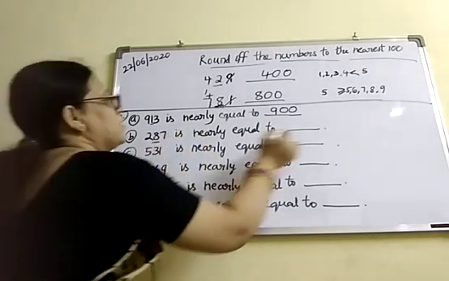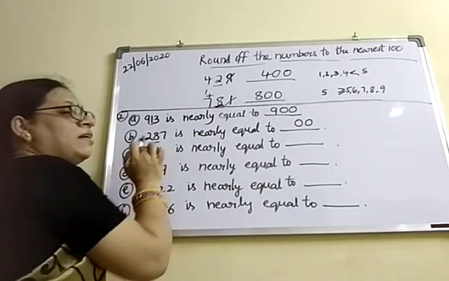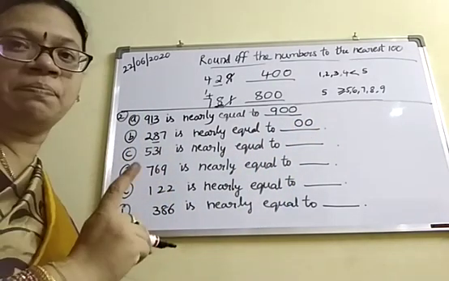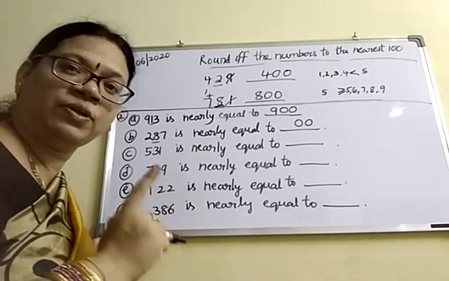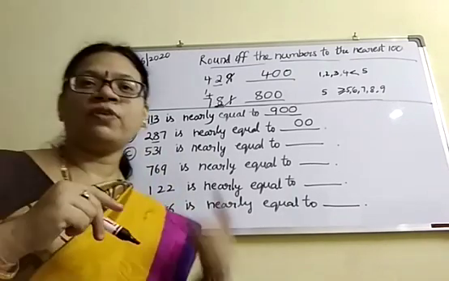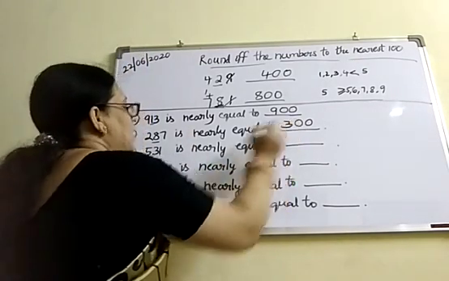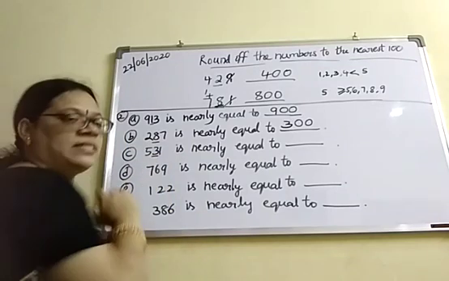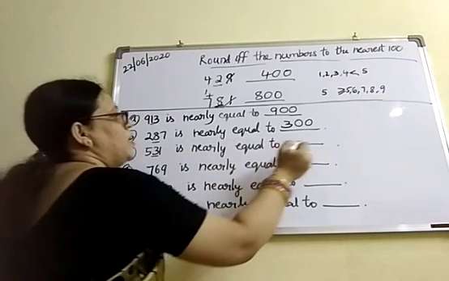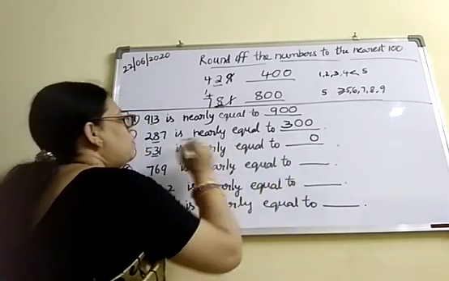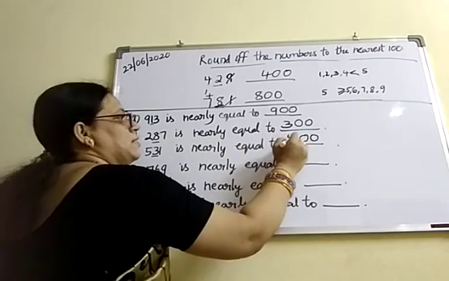So we'll make the ones place 0, the tens place 0, and we'll add one number to the hundreds place. What is the number in the hundreds place? 2 is there. So for the 2 we'll add one number. 2 plus 1? 3. Like that, same. You have to observe the 3 in the tens place. 3 is less than 5. So we will replace the ones place 1 by 0, the tens place by 0, and we will write 5 as it is.